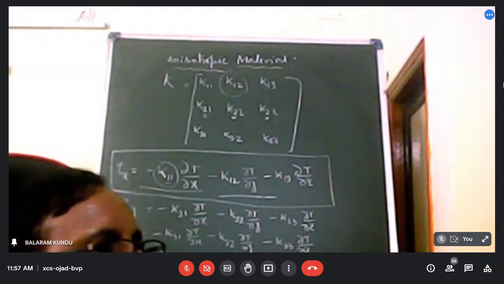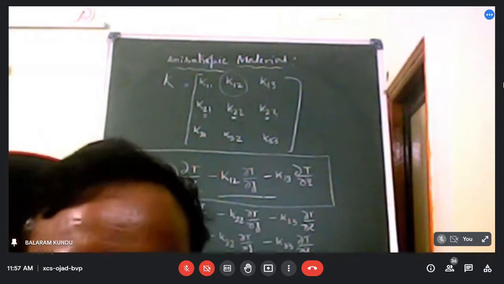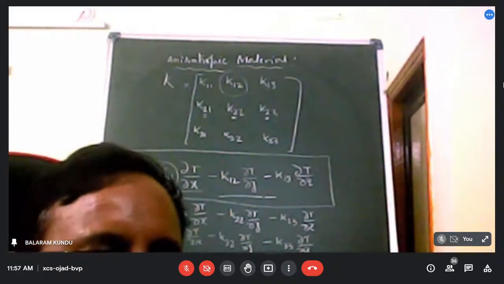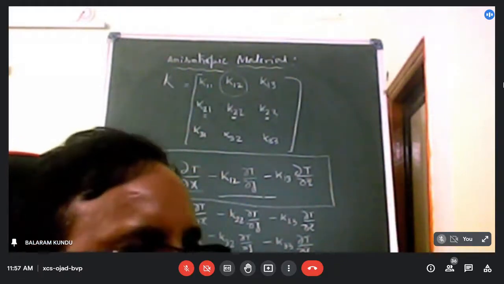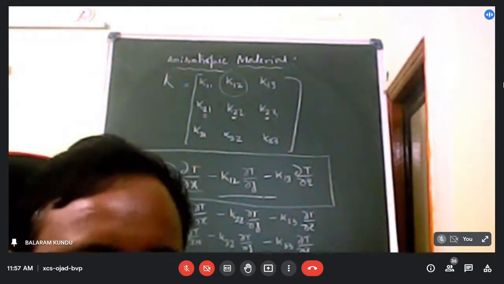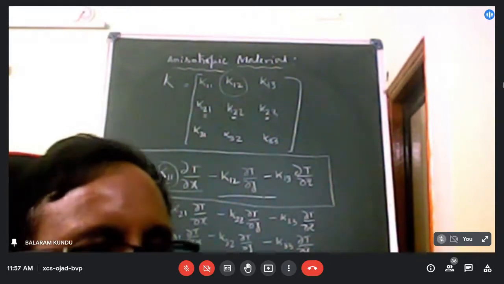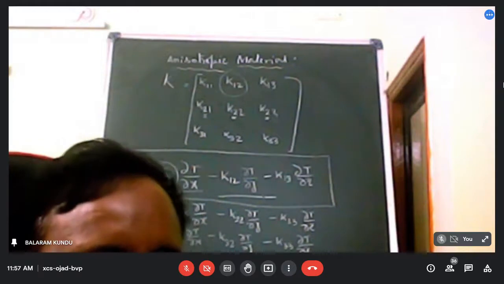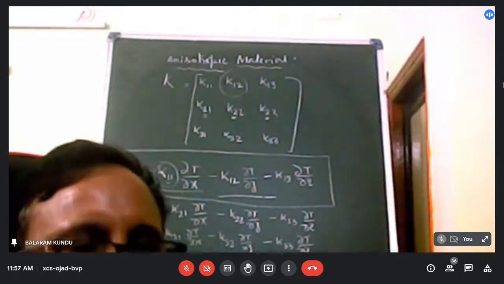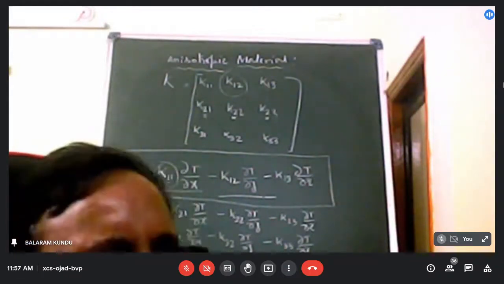And this mathematical expression has been given based on the experimental observation. So there is no law used to determine the Fourier's law of heat conduction. So no laws have been considered here. So using experimentation, Joseph Fourier, the mathematical physicist, had given one mathematical expression for heat transfer or heat conduction rate or heat flux.